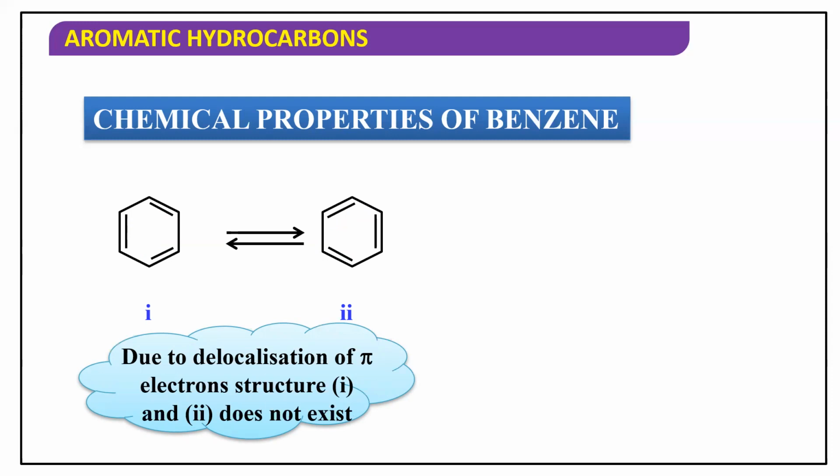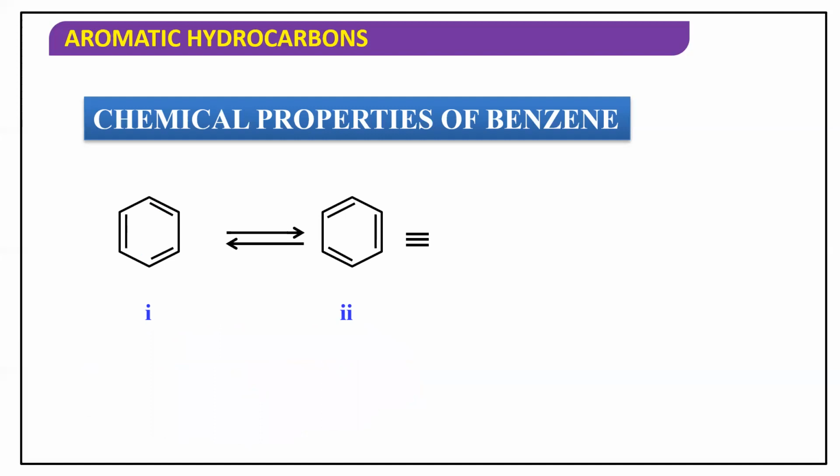And due to delocalization of pi electrons, structure 1 and structure 2 do not exist. Now, what do I mean by it does not exist? They keep shifting from one form to the other. Hence, we represent it in the form of a resonance hybrid, which is structure 3, where we write a circle inside. And we also spoke about what the circle is all about. What is the significance?